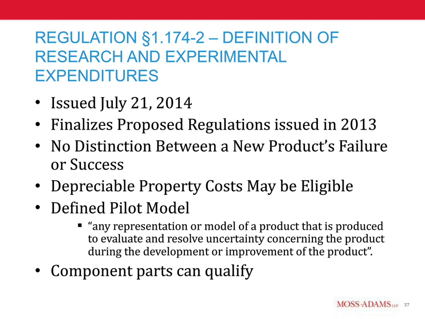Now, before these regs came out, the IRS used to argue that prototypes and pilot models could not be included as a qualified supply because the research resulted in depreciable property, and property of a character subject to depreciation could not be included as an R&D expense. Well, this rule basically says that the final outcome doesn't really matter. As long as there was technical uncertainty as to whether the prototype or pilot model was going to be successful in the first place.